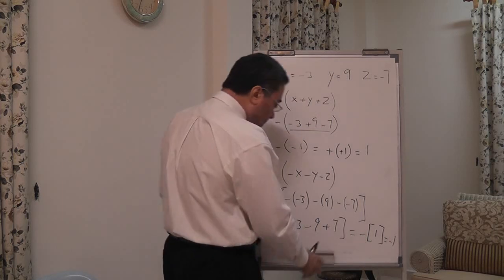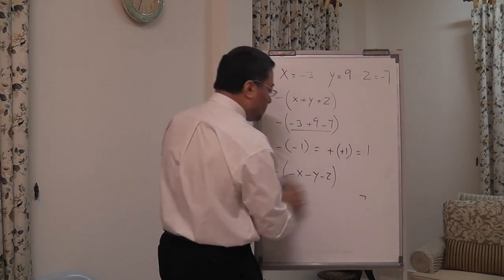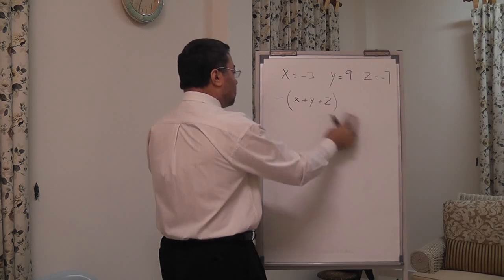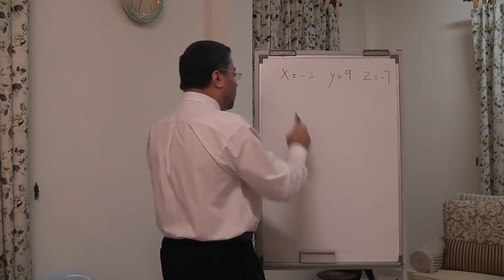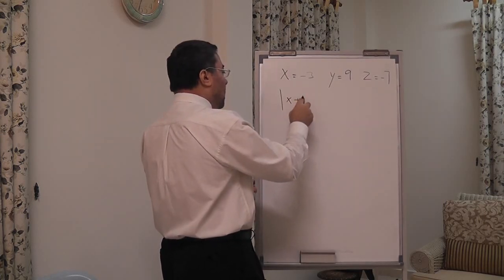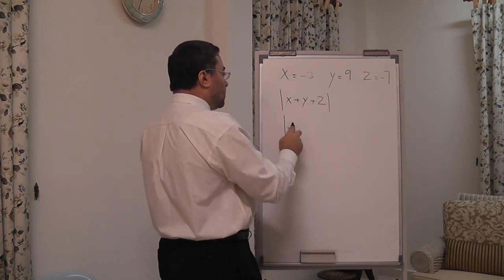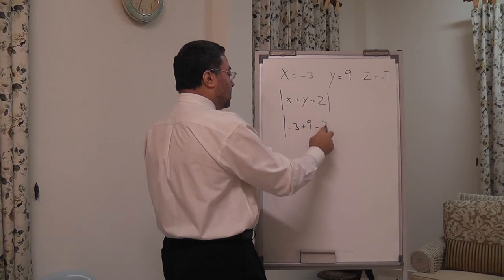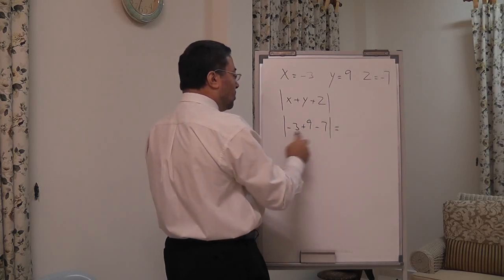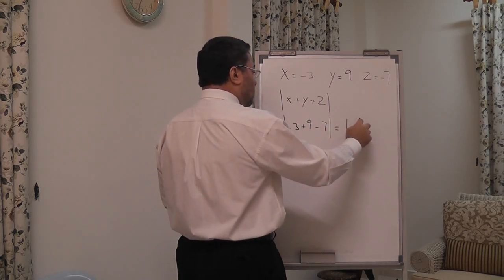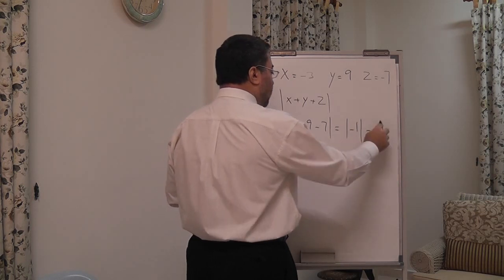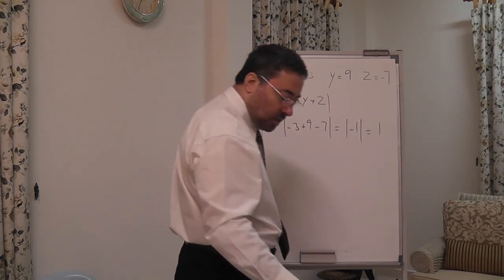Number 66, absolute x plus y plus z, and that will be minus 3 plus 9 minus 7, and that's equal to absolute minus 1, and it comes out from the absolute as a positive 1.